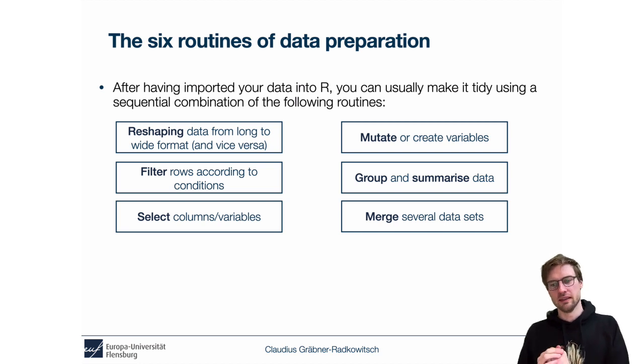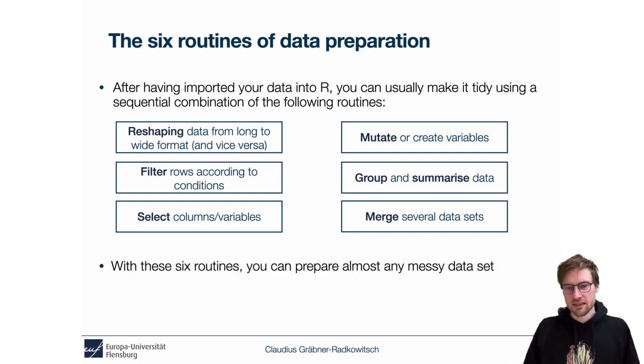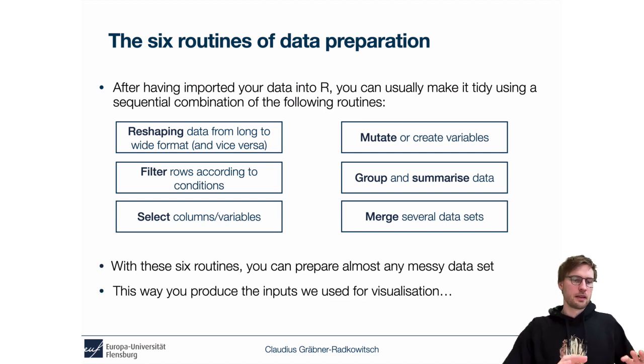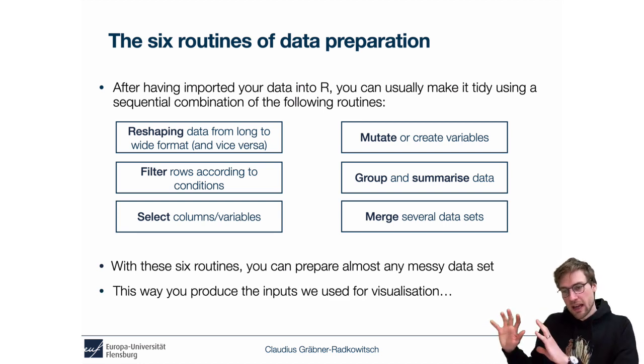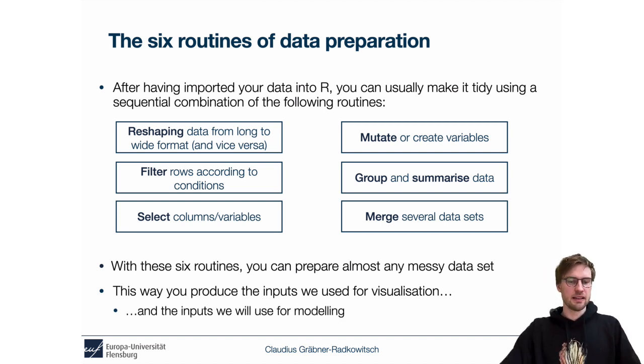And what we do in the rest of this session is actually to learn how you can implement these routines in R. With these 6 routines, you can prepare almost any messy data set into a tidy data set that contains the information you want. In the end, you will have a data set that you can then use for visualization, modeling, etc. And you can do basically everything you want with the data set you get in the very end.